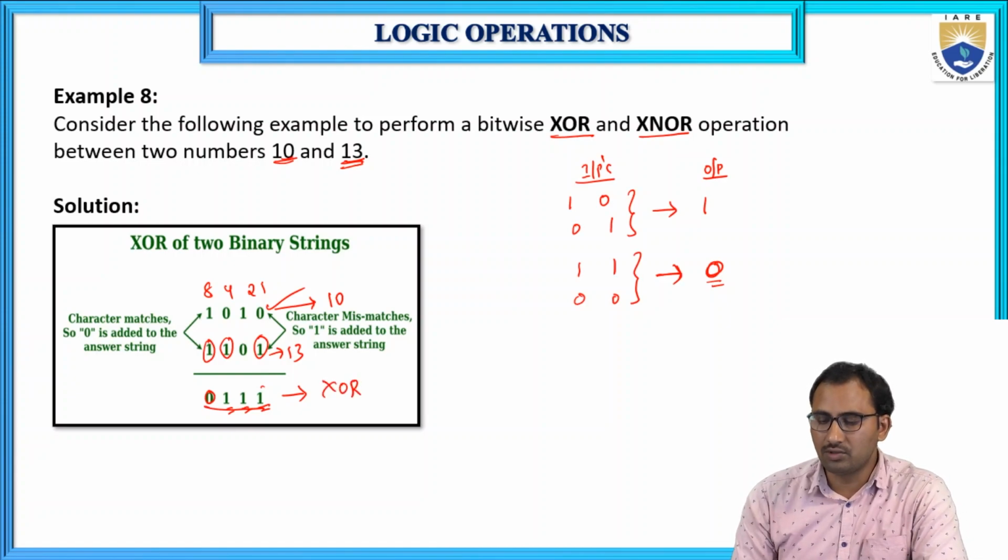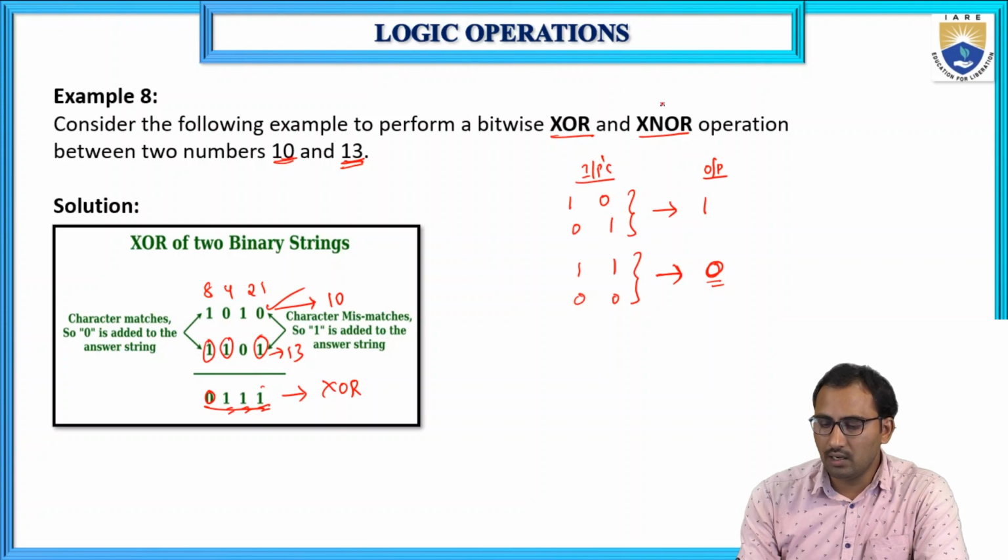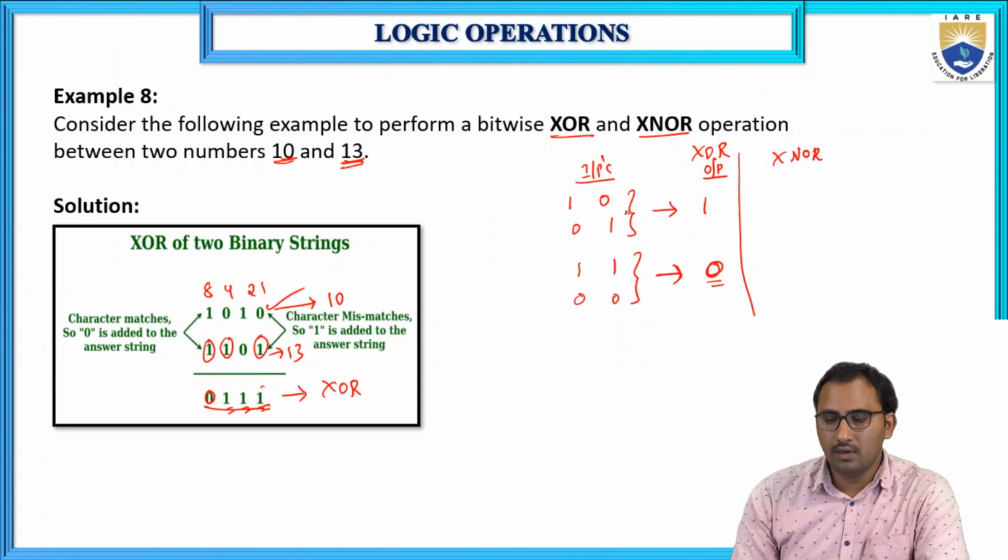Similarly, we can perform the XNOR. The XNOR operation is the opposite operation; it is the complement of the XOR. In XNOR, if different inputs are there, then you will get 0, and if the same inputs are there, then you will get 1 as the output.